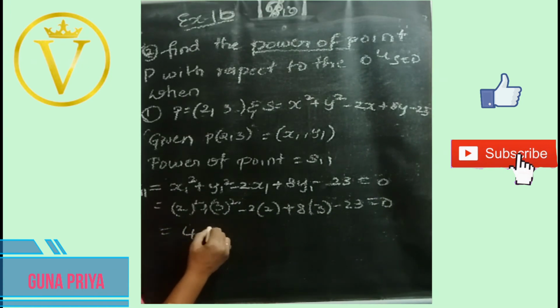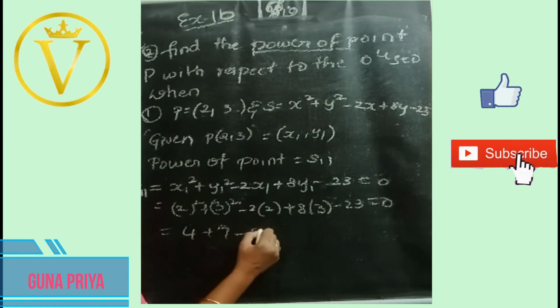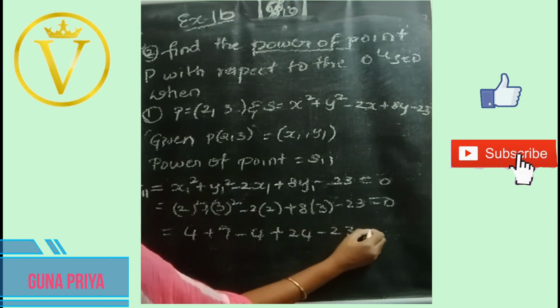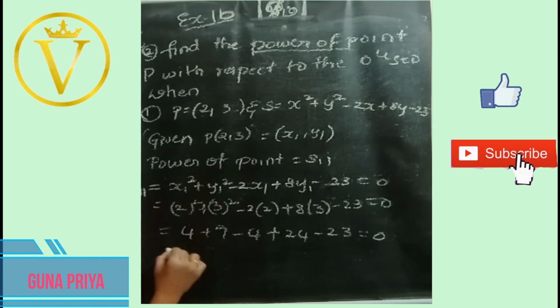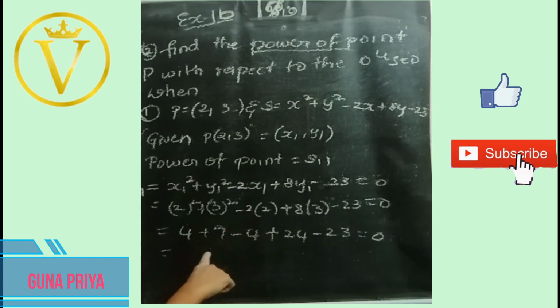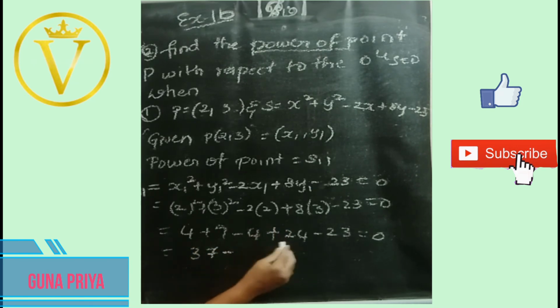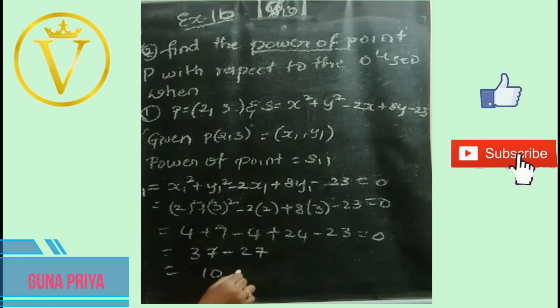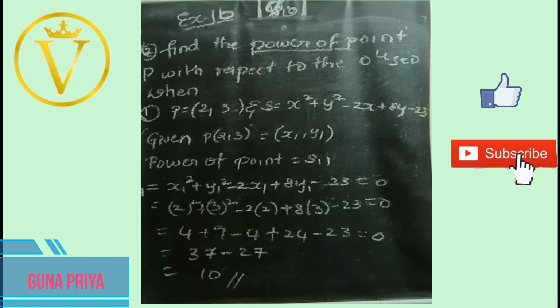So 4 plus 9 minus 4 plus 24 minus 23. 4 plus 9 is 13, 13 plus 24 is 37, minus 4 minus 23, that means 37 minus 27. So that is 10. So 10 is the value for the given point (2, 3). Next we will go for another point.